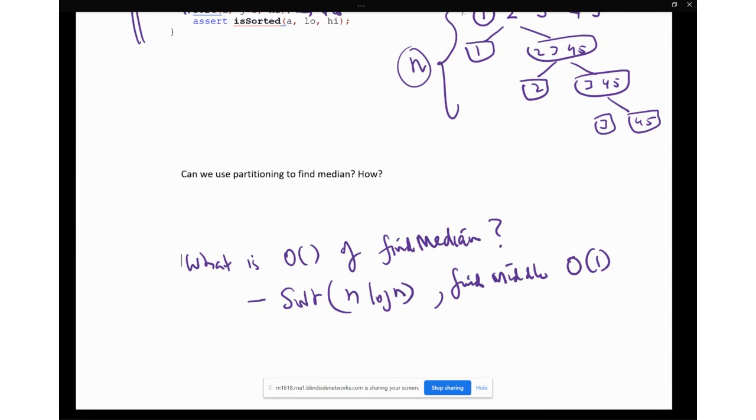Quicksort is n squared if you don't shuffle. If you shuffle, and shuffling only takes you big O of n, we can avoid the worst case for quicksort.